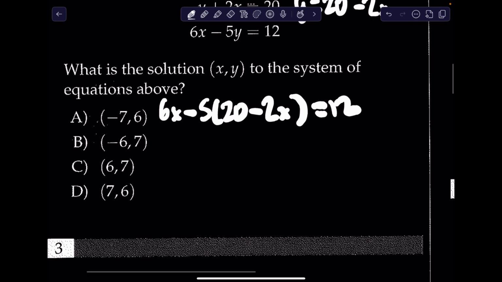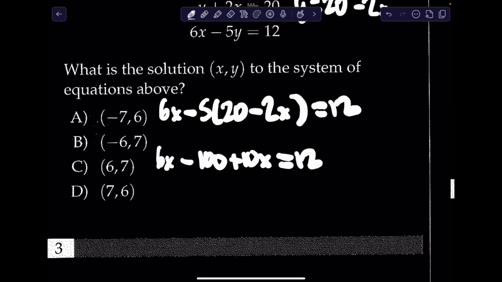And once again, we combine our like terms, so FOIL, sorry, 6x minus 5 times 20 is 100. And then negative, negative, so plus 10x equals 12. And once again, we combine like terms, so 16x equals 112.